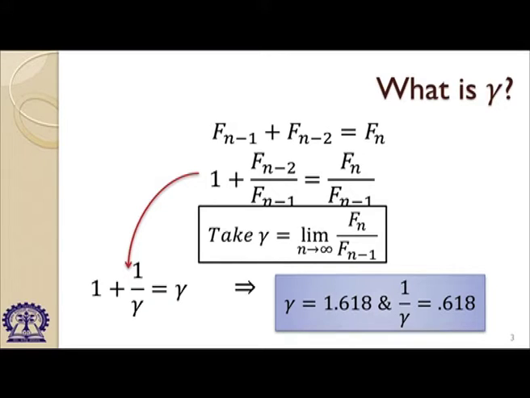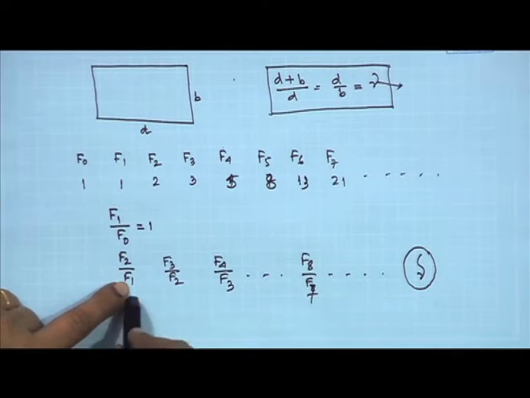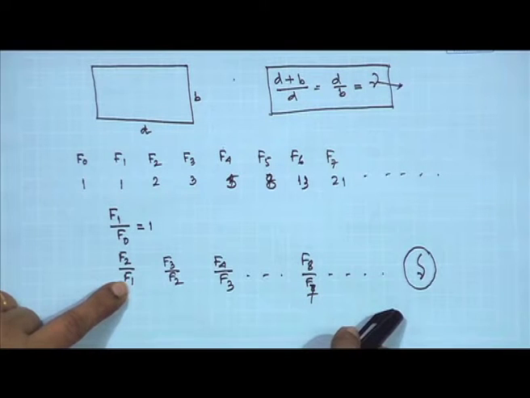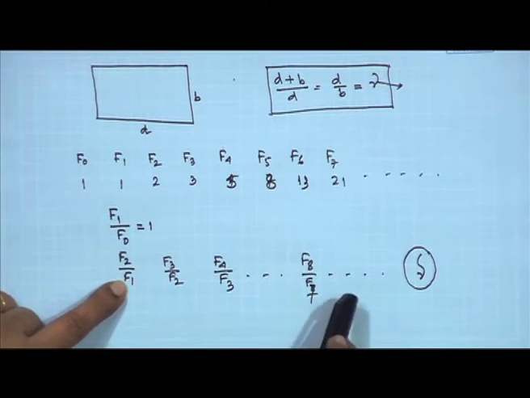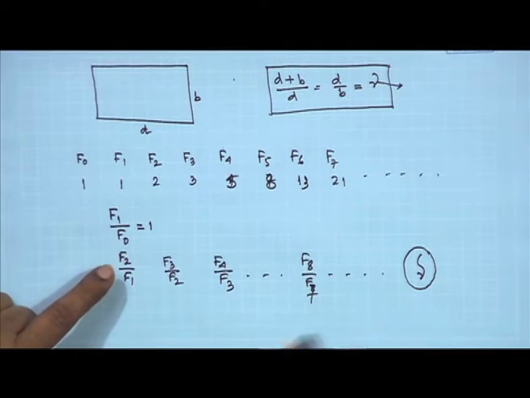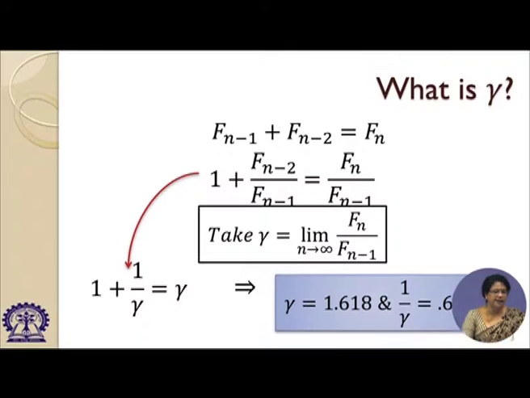Here also you will see the same thing. If we consider the ratios of the Fibonacci numbers fn by fn minus 1 as n tends to infinity, you need not wait for a greater value of n; after this only it will converge to 1.618. That is the beauty of gamma, and this gamma parameter we will consider in our golden section method.